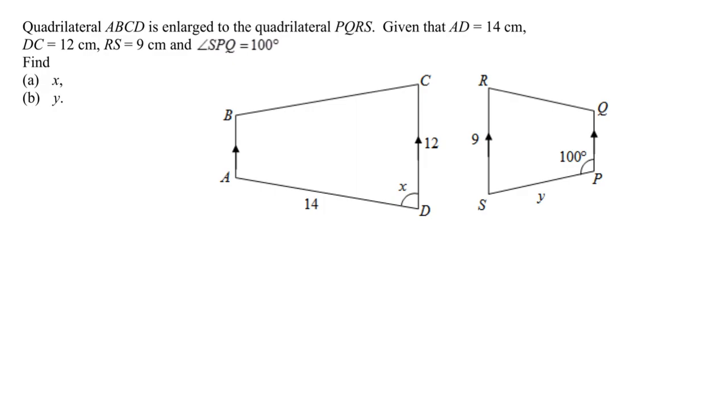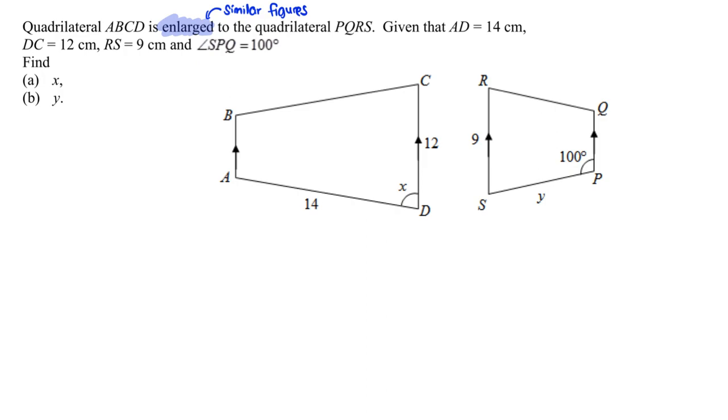Alright, now we have a quadrilateral ABCD that is enlarged to quadrilateral PQRS. Okay, so find the x. So since I know that it is being enlarged, this means that they are similar figures. Okay, so this means that we are looking at similar figures, and similar figures, their corresponding angles are the same.